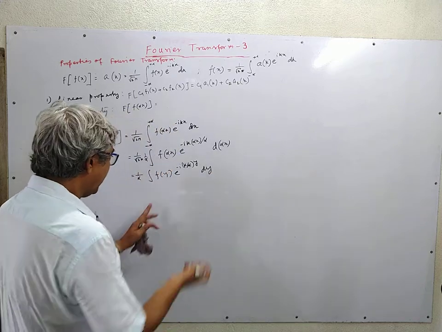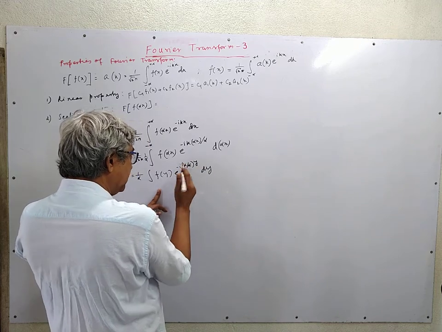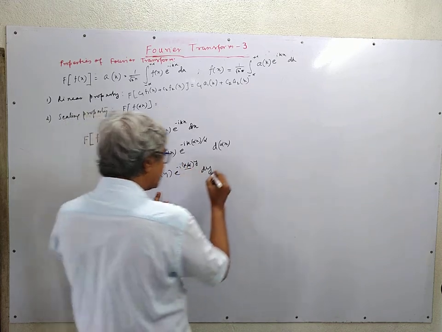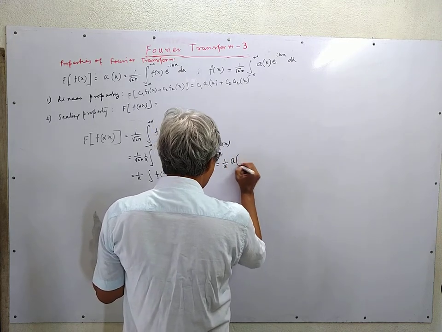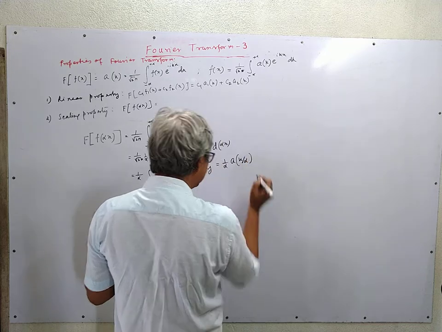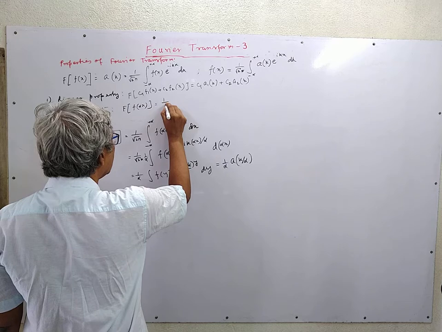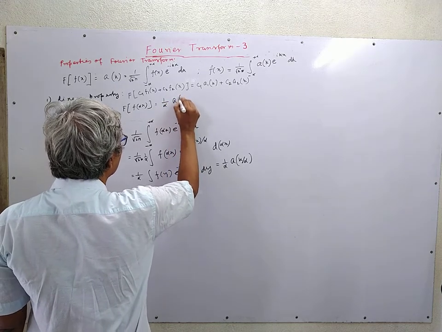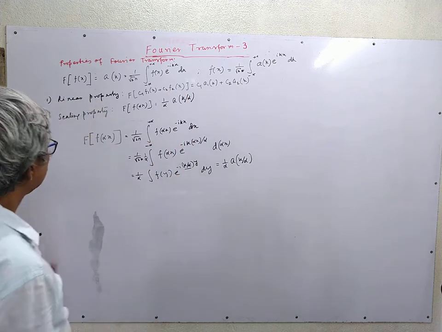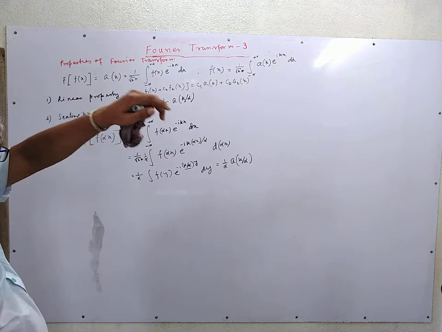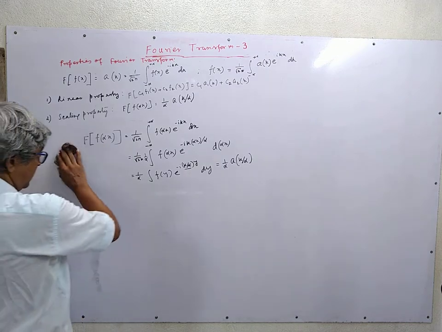So this is the Fourier transform of f evaluated at k by alpha. So the result is 1 by alpha A of k by alpha. This is the scaling property. Here we have assumed that f and A are the Fourier transform of each other.